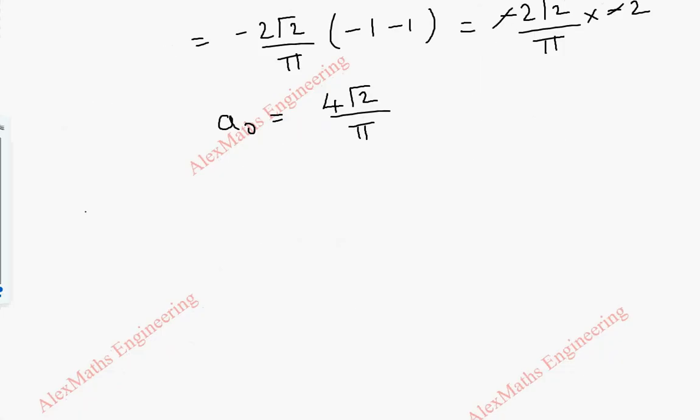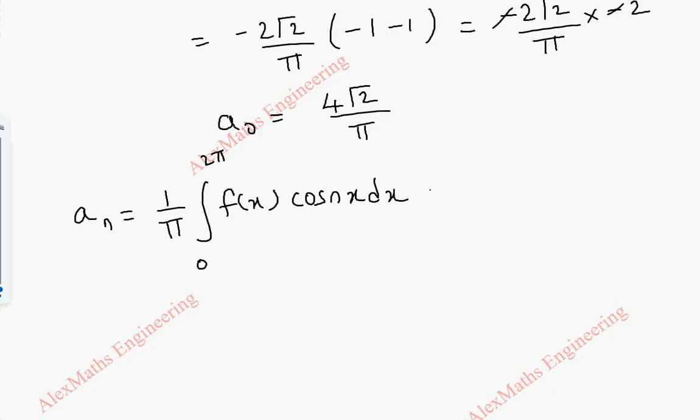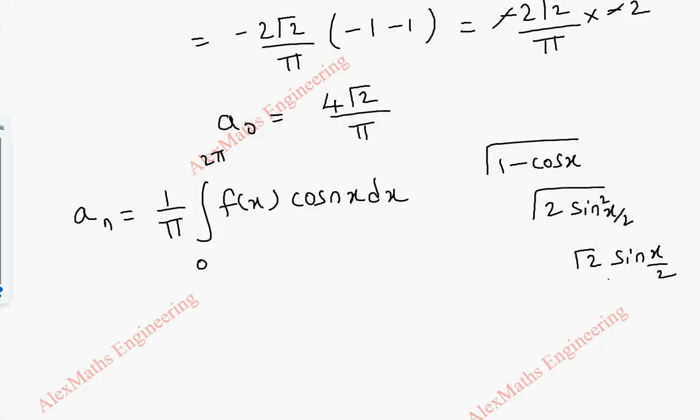Now coming to an, the formula is 1 by pi integral 0 to 2 pi f of x into cos nx dx. And f of x is root 1 minus cos x, by applying the trigonometric formula, which is 2 sin square x by 2. Taking the root separately, it is root 2 into sin x by 2.